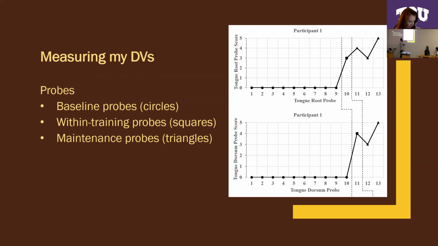When you're looking at the graph, every circle is the baseline probe. The square ones are for the within training probe, or changes in the dependent variable immediately after training. And then the triangle ones are for maintenance, to see if you're keeping what you learned.